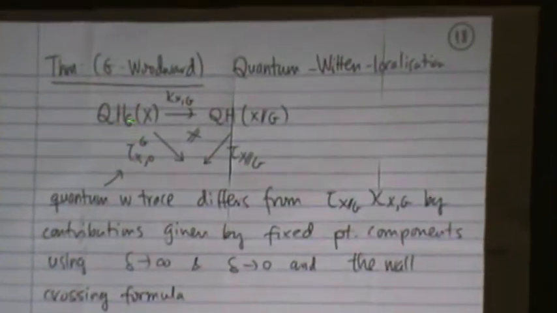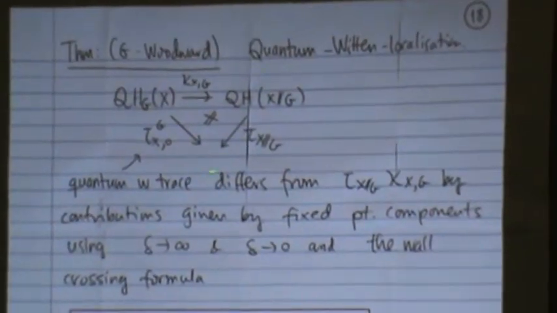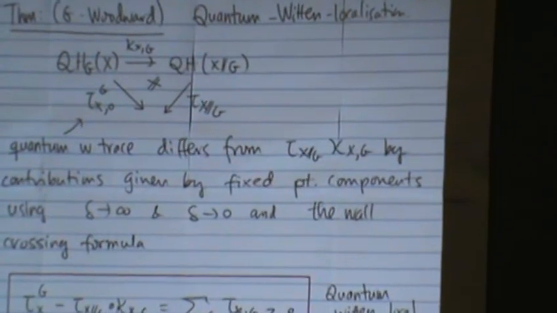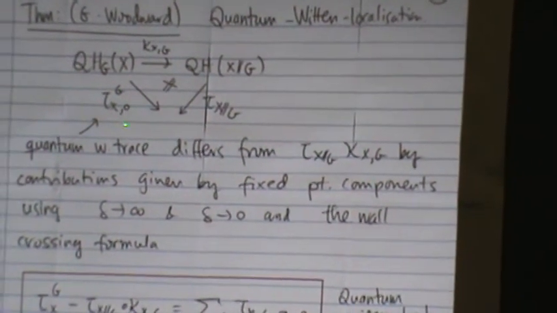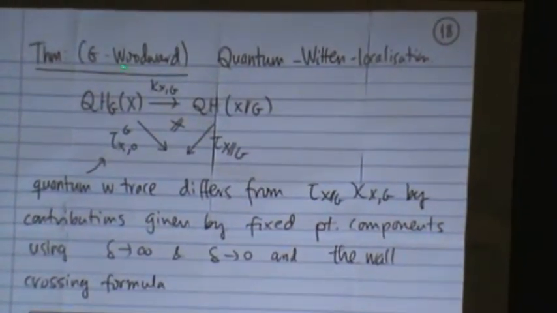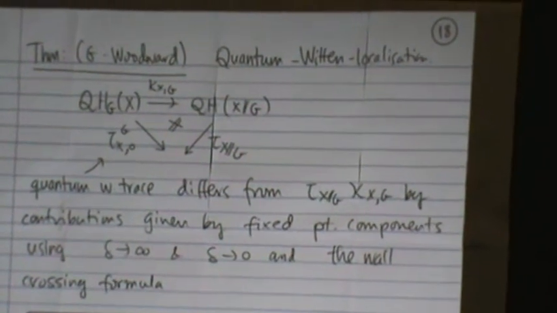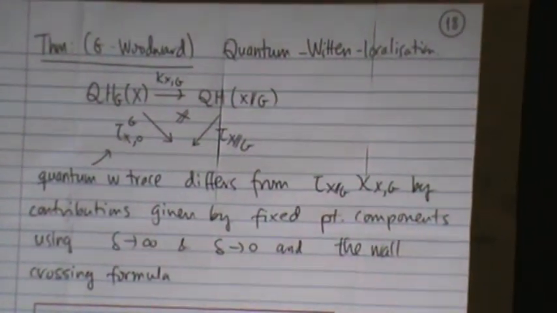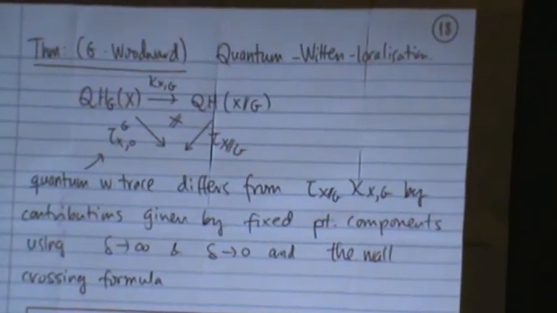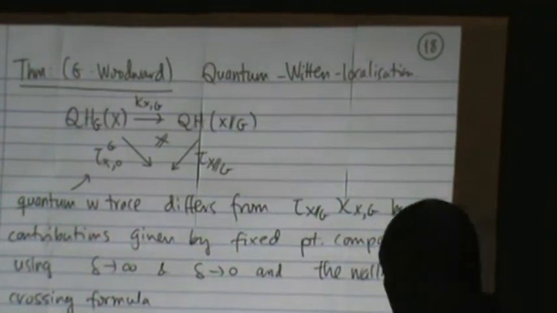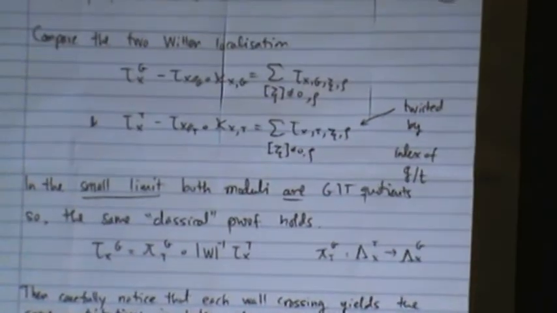It says that if you want to compute the trace, the gauge trace in the small limit, it doesn't factorize just as in the standard case of Witten, but it factorizes with respect to contributions of very specific terms that appear in the fixed point gauge for one parameter. So actually everything is explicit.